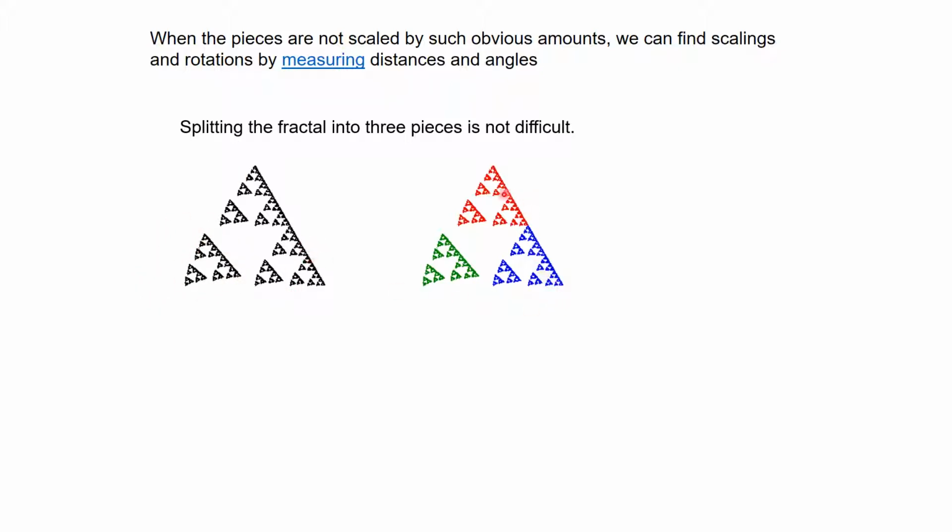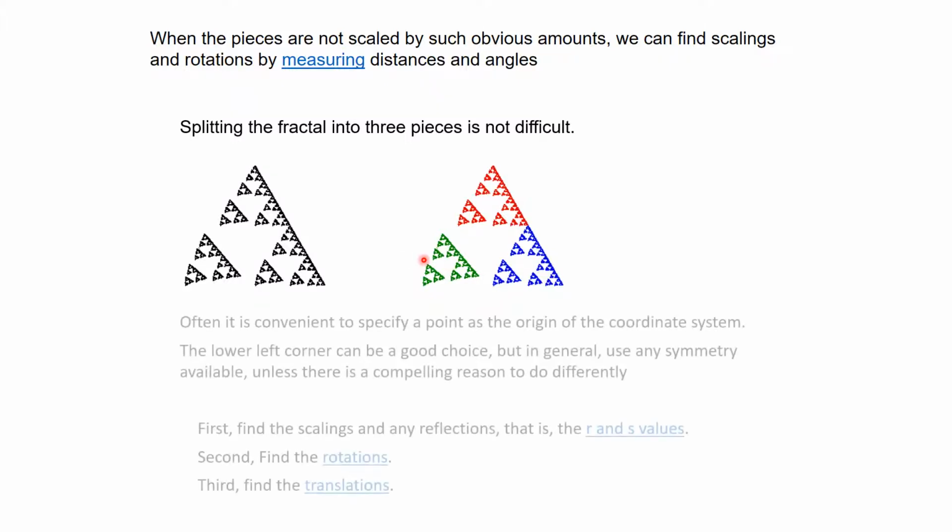So if I divide them into three parts, the red one, the violet one, and the green one, the green one is a little bit smaller than the other parts, and it is also rotated slightly, and the rotation is not a standard rotation. It's not 45 degrees or 90 degrees. It's somewhere around 10-12 degrees. We do not know, so we actually have to measure it.